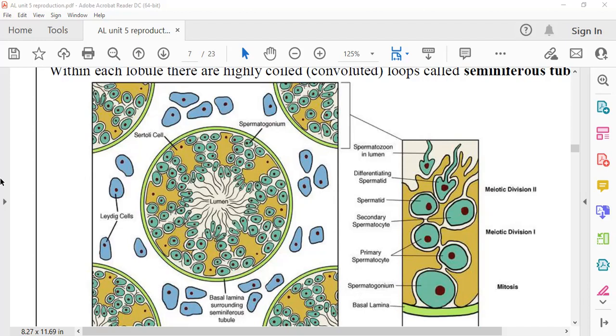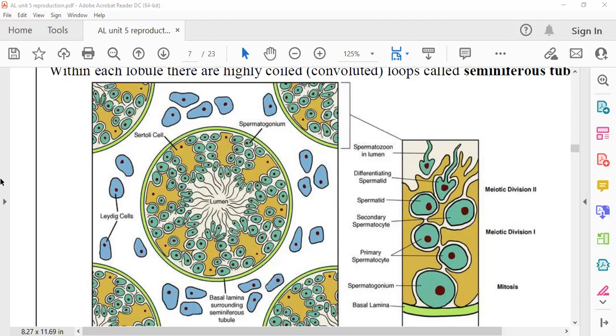So do you agree? In the testis, there will be many lobules. How many lobules did I tell you? 200 to 300 lobules will be there.